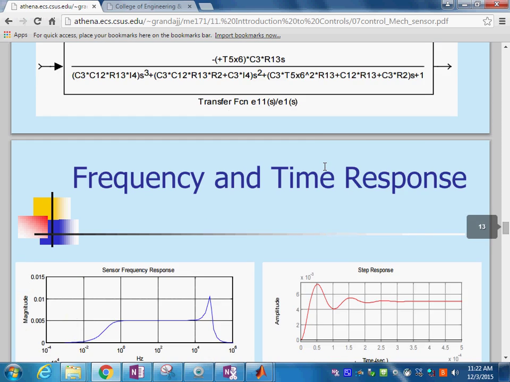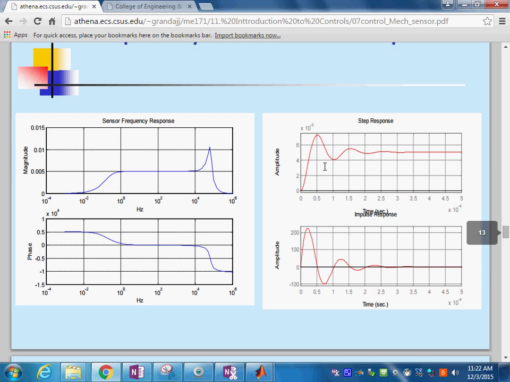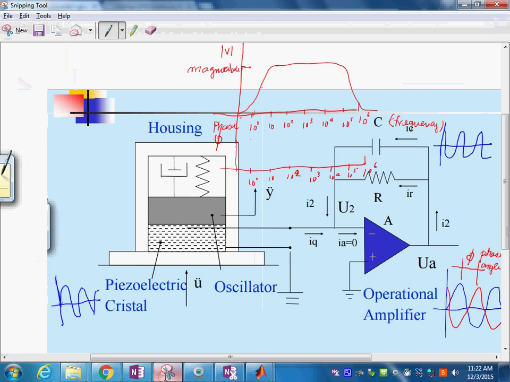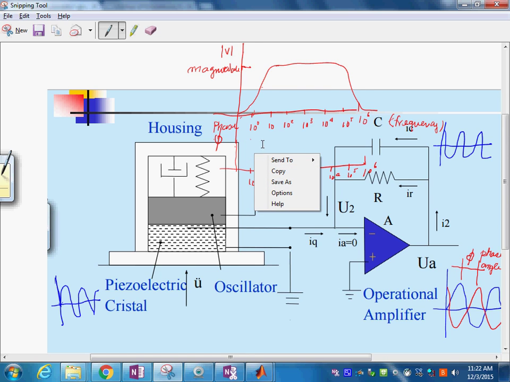Okay, so now you see these are much better plots than what I had a moment ago. The one that I had is sort of like this, right here. I was trying to explain how this plot would go, and this one here may go like this.